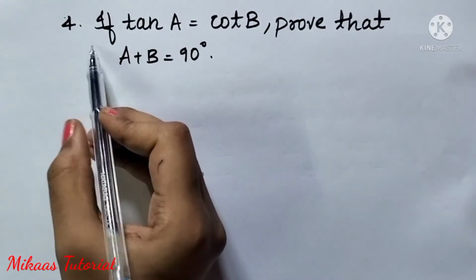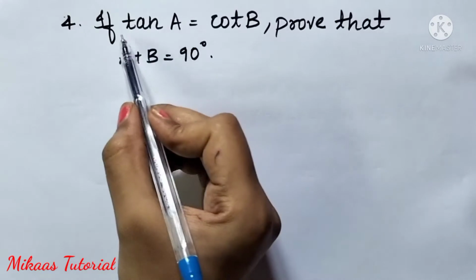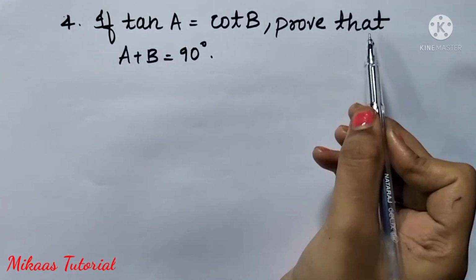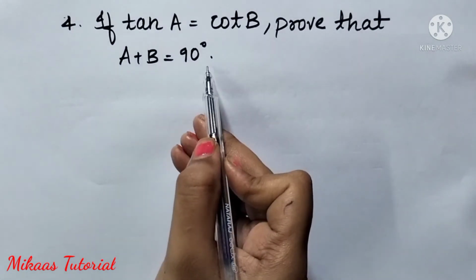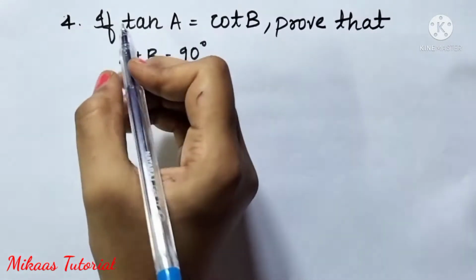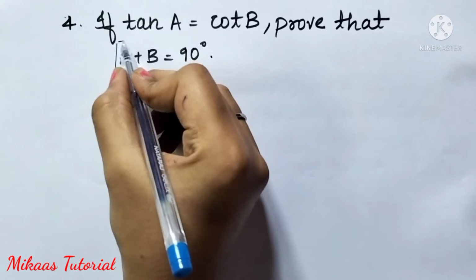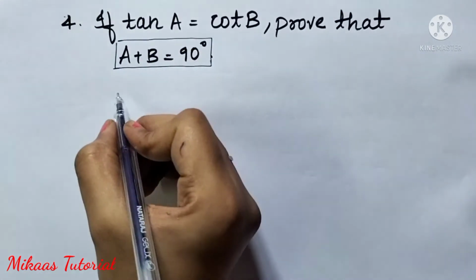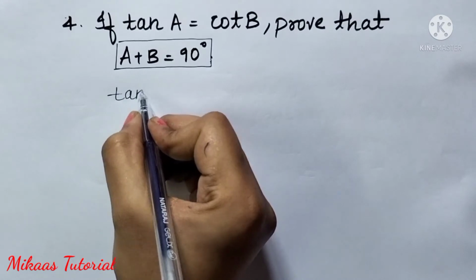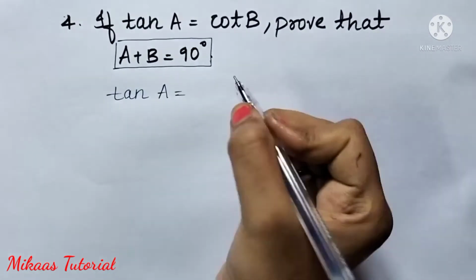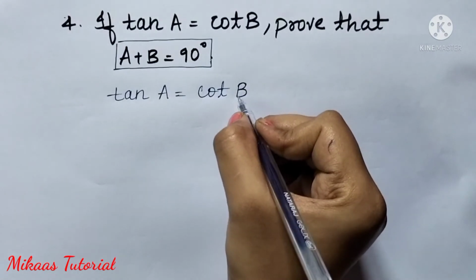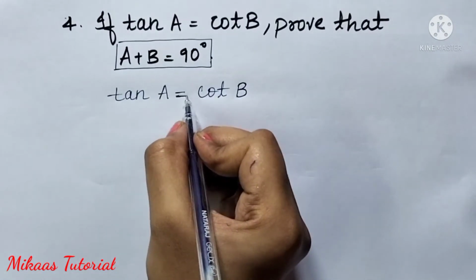See, this is the next, fourth question in the exercise. If tan A is equal to cot B, prove that A plus B is equal to 90 degrees. Okay, they have asked you to prove that A plus B is equal to 90 degrees. What have they given? They have given tan A is equal to cot B. Now see, this is an equal sign.